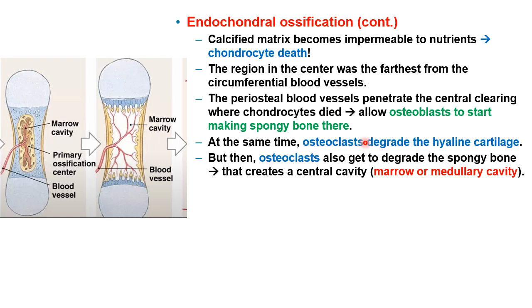Macrophages get there and start eating up all this debris and clearing up the center of dead cells and debris that was left there. And this is how you start to get this empty space that is the medullary canal, or the marrow part of the bone. Okay, so it's empty in there. Why? Because these cleaning up cells went there and cleaned up stuff.